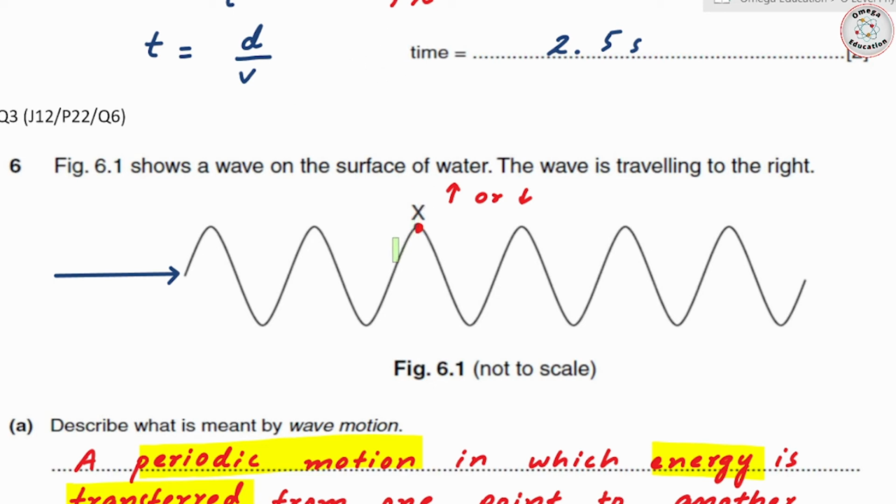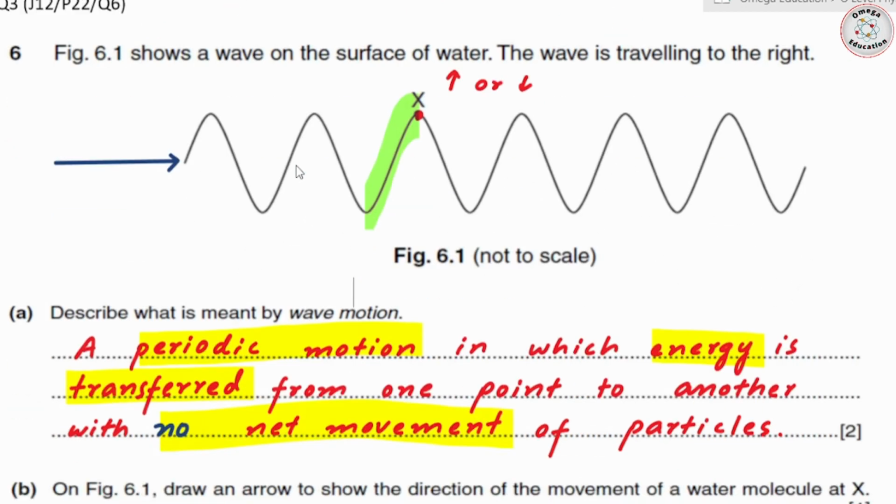The easier way to memorize this, if you fail to understand the concept, is that all the points on an upward slope, where the line is rising up, those particles would move downward if the wave is moving to the right. And also if the wave were moving to the left, because either way they'll be provided with less amplitude, less displacement.